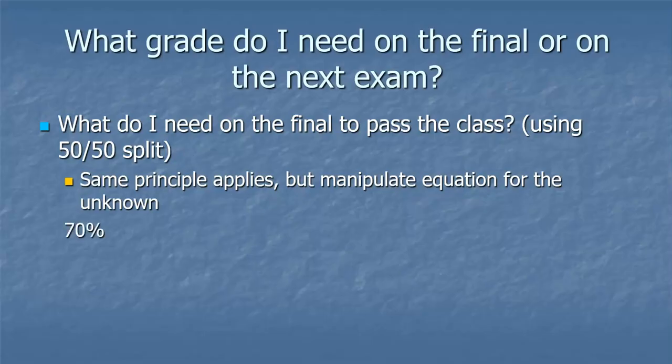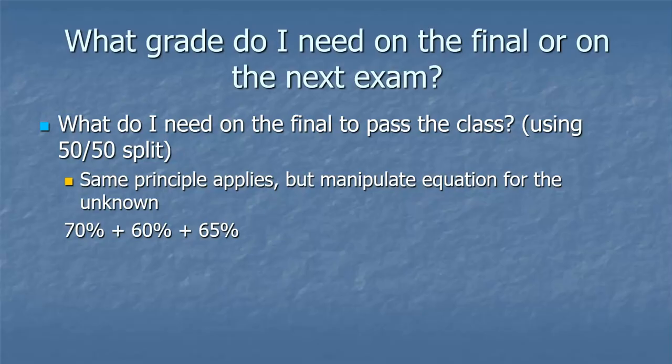So, 70% is what you got on the exams, and a 60%, so you didn't do so well. And then you got a 65. Again, not doing so hot.